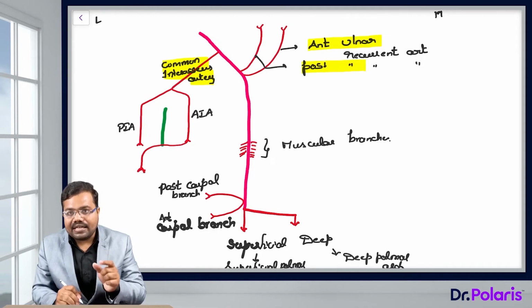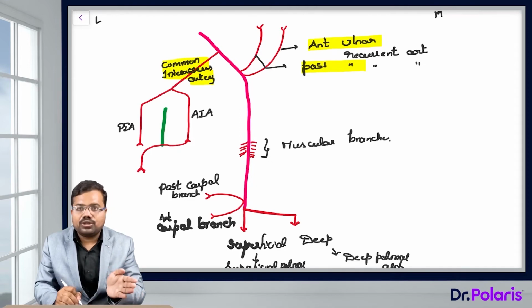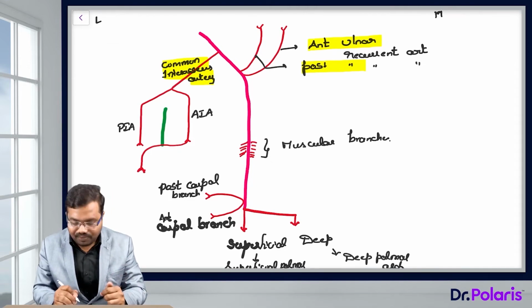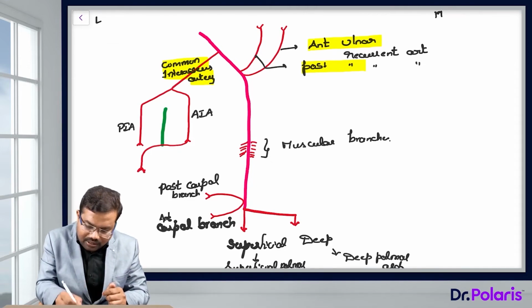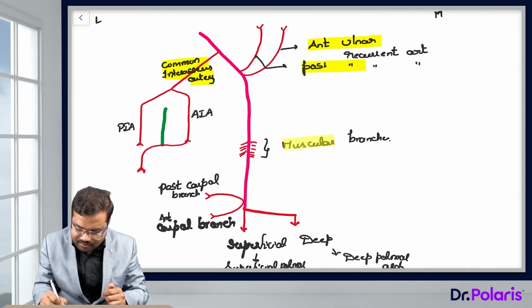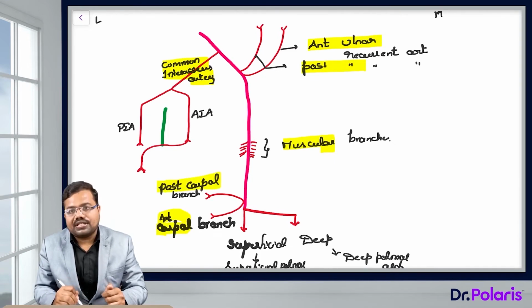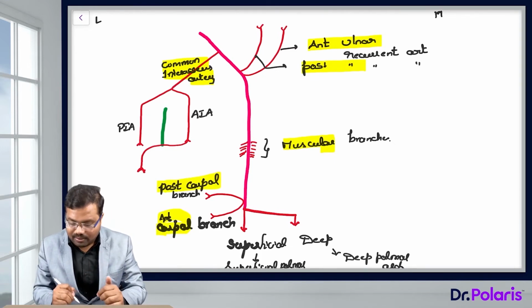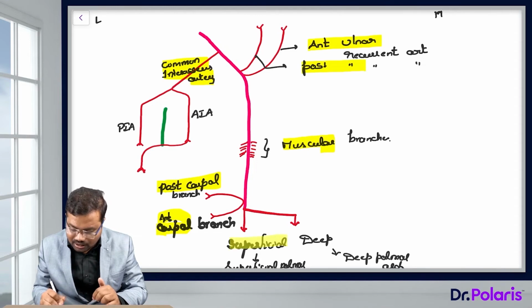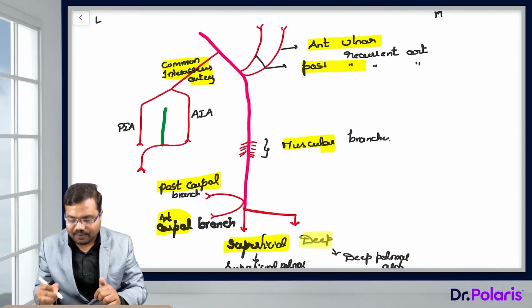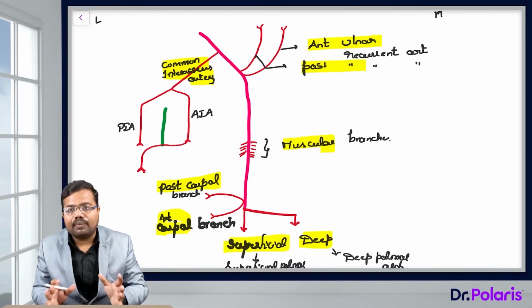Next, it is also giving some branches to the muscles. They are called muscular branches, and the carpal branch on the anterior side and the carpal branch on the posterior side, called the anterior and posterior carpal branches, and the terminal branches are the superficial and the deep. So these are all the branches of the ulnar artery.